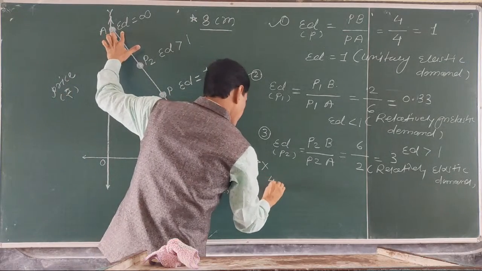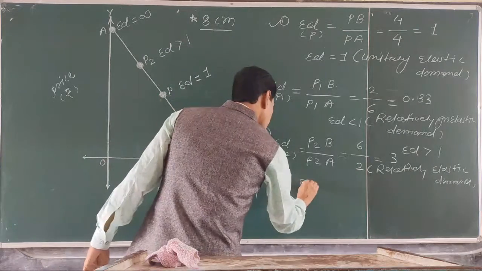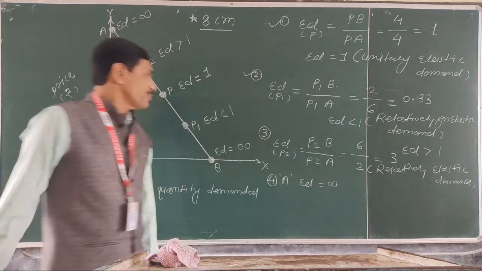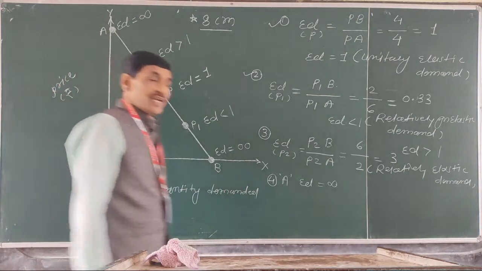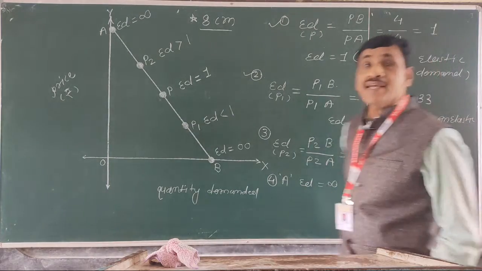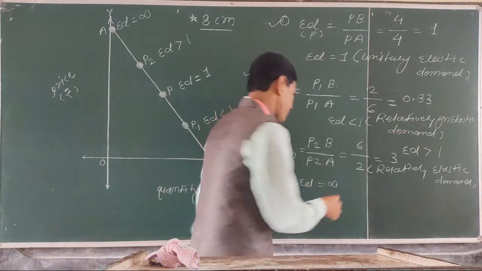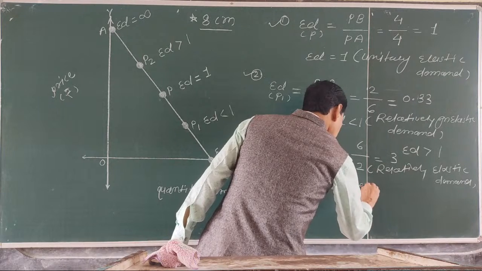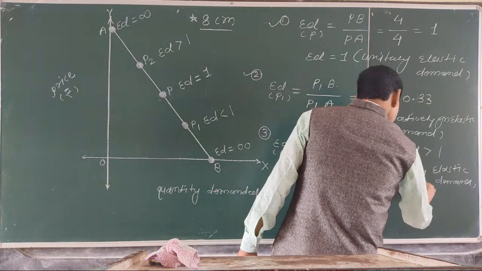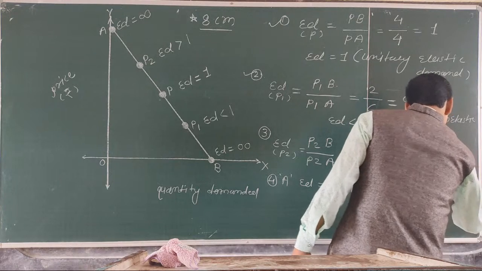Now the fourth point. At point A, ED is infinite. It is called perfectly elastic demand.